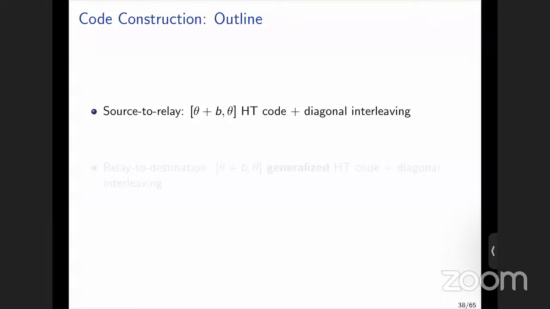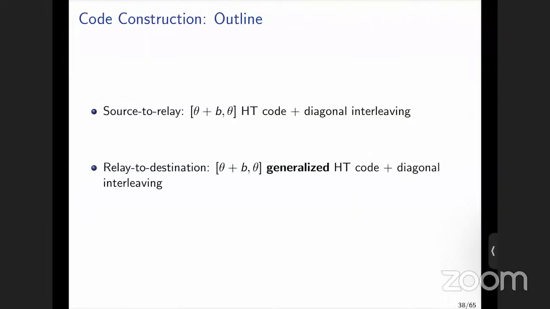Motivated by that, we are going to use an HT code there, the optimal code which we had for the point-to-point setting, with delay theta instead of tau, plus diagonal interleaving for the source to relay link. For the relay to destination link, we are again going to use diagonal interleaving, but the vanilla HT code will not work there, so we need to make some modifications. And that's basically our contribution.